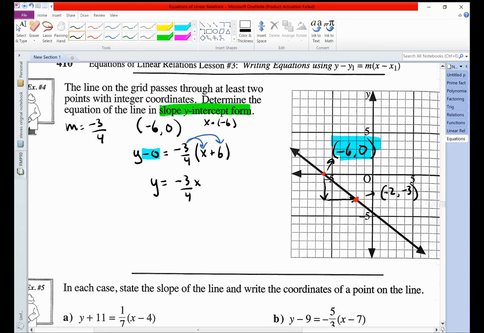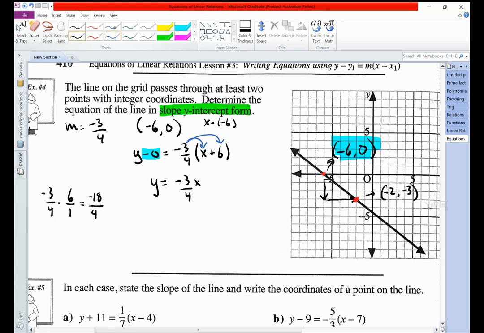So we have negative 3/4 x, and then we have to multiply, I'll do it off to the side here, negative 3/4 multiplied by 6. When you multiply fractions, you can just multiply the tops together. So negative 3 multiplied by 6 is negative 18, and 4 multiplied by 1 is 4.